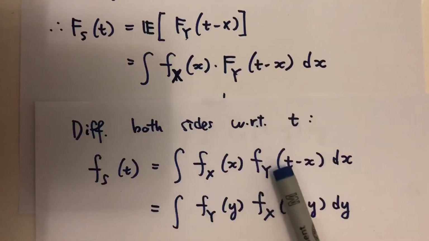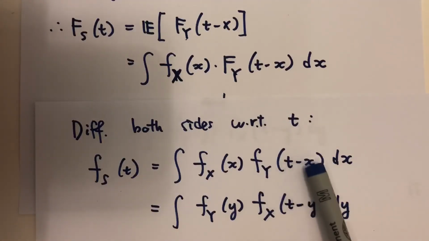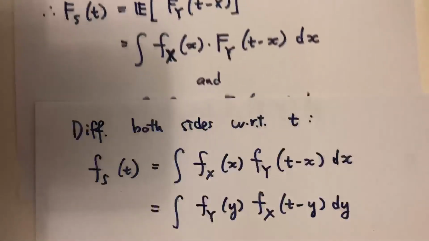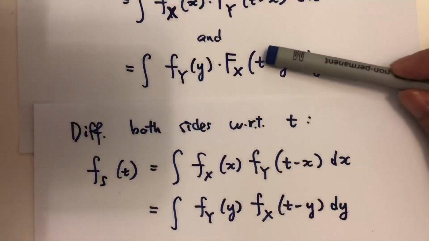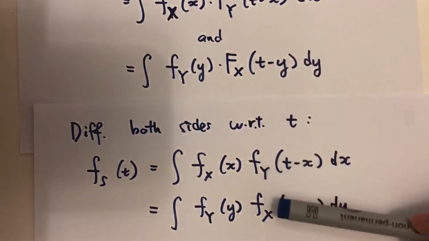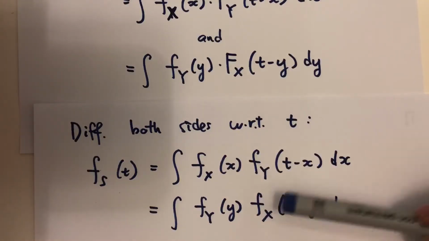It becomes the density of Y at t minus x. Or using the second formula, we differentiate this term with respect to t, and then we get the density of X.